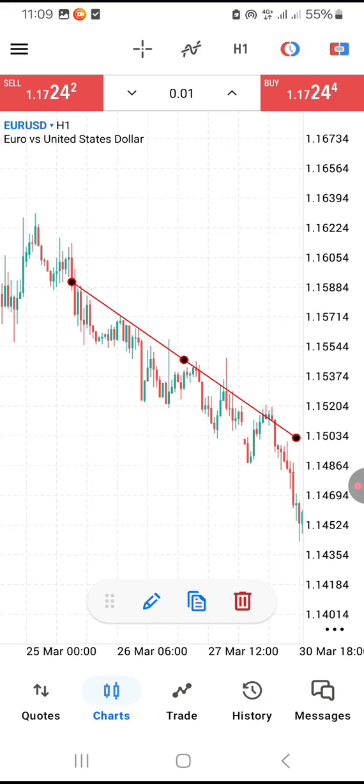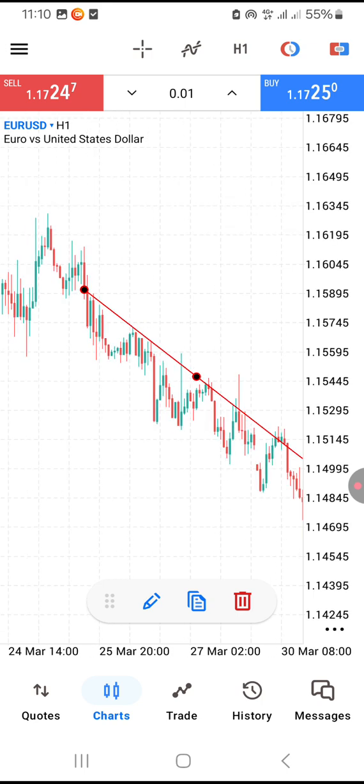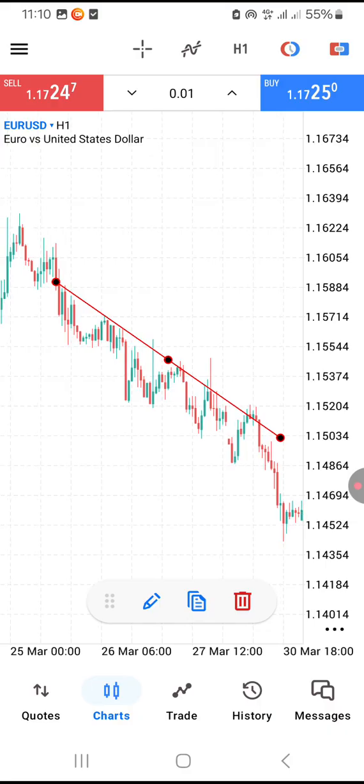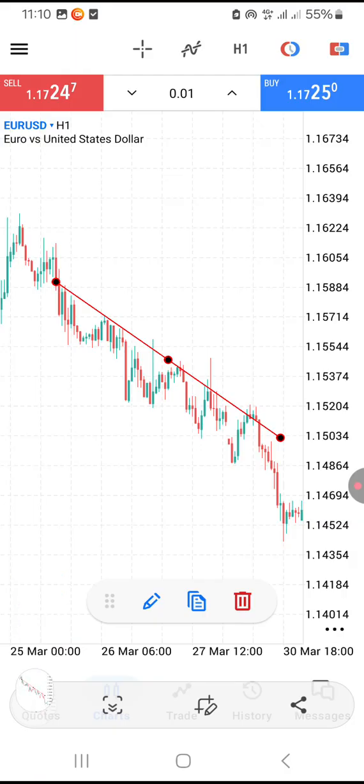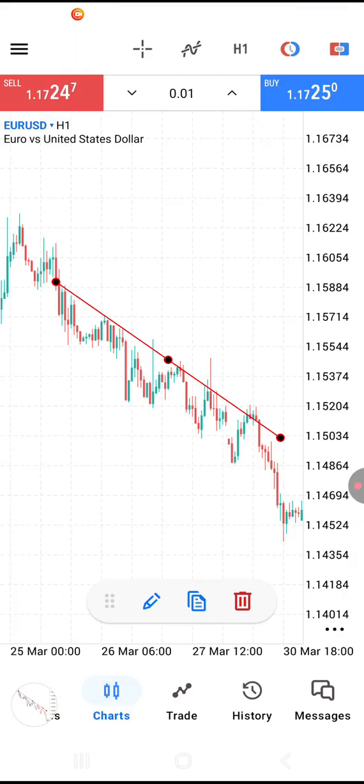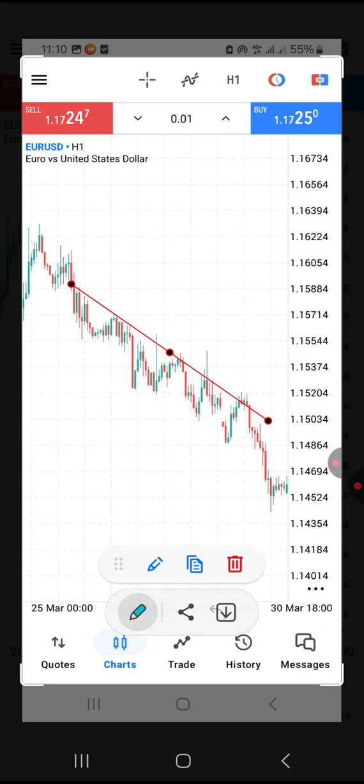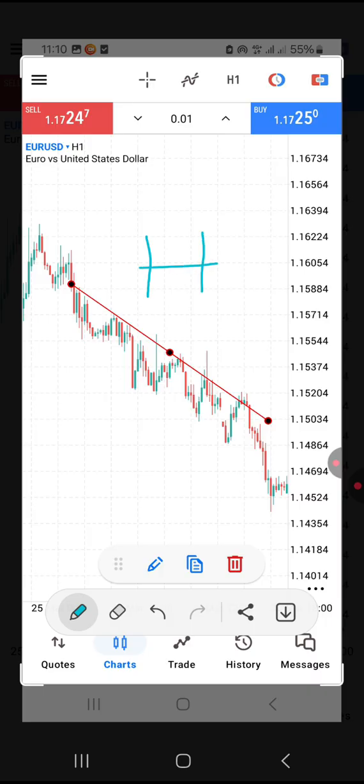So a downtrend or bearish market happens when price keeps making lower lows, meaning sellers are stronger, lower highs and lower lows. Remember I said up is high, down is what?